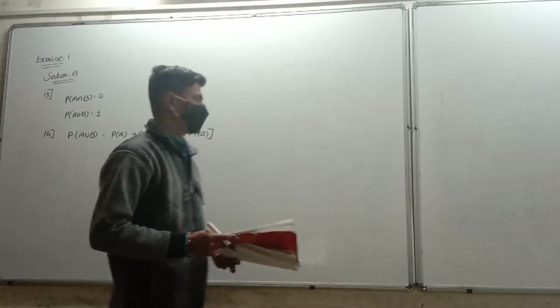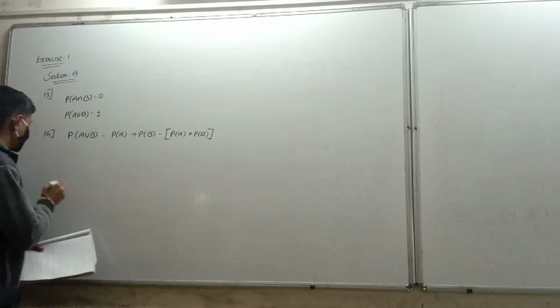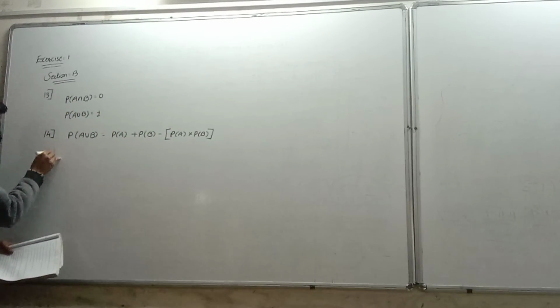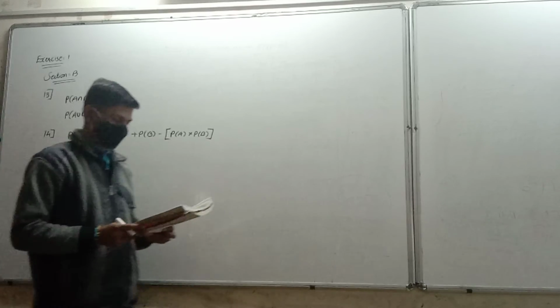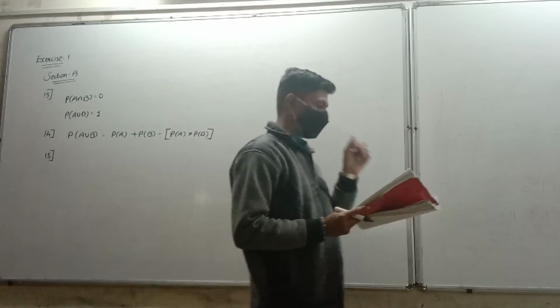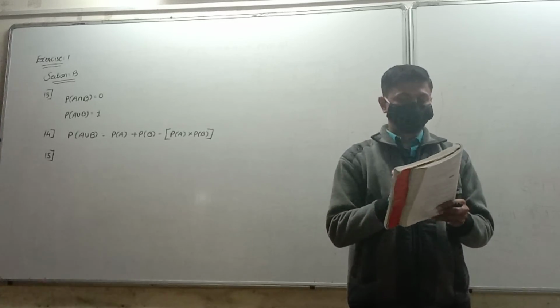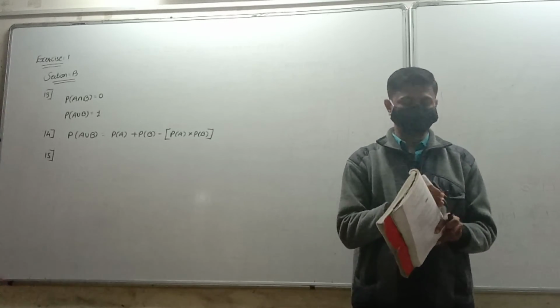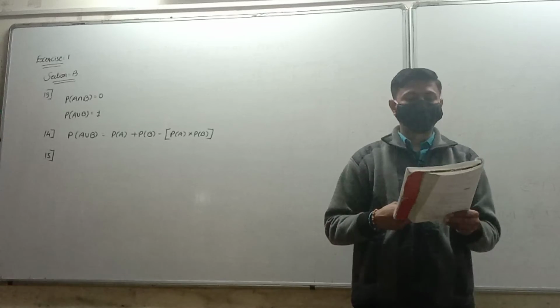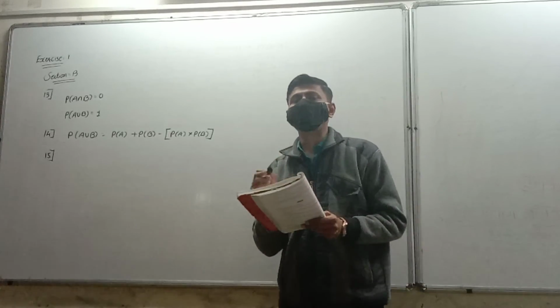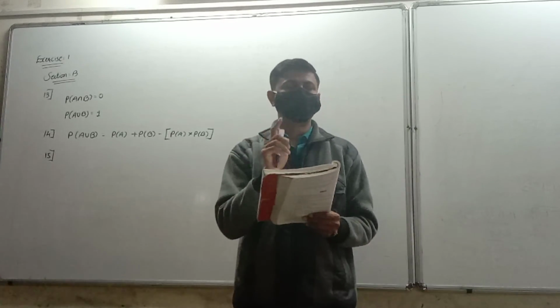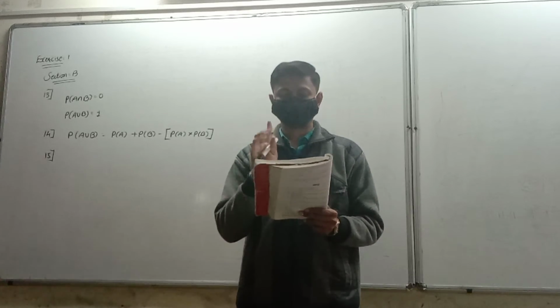Next, question number 15. If A is equal to in curly bracket x where 0 less than x less than 1, between 0 and 1, both values not involved.